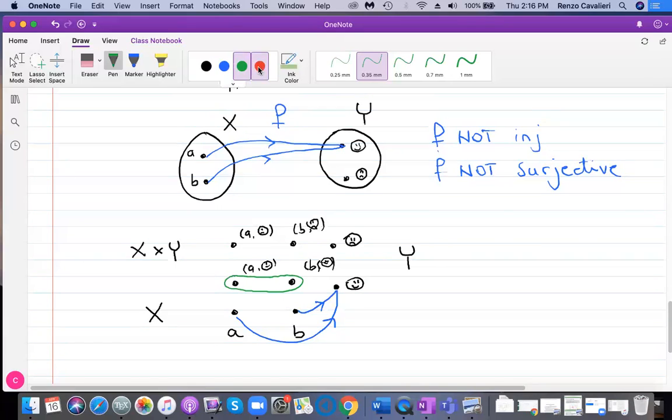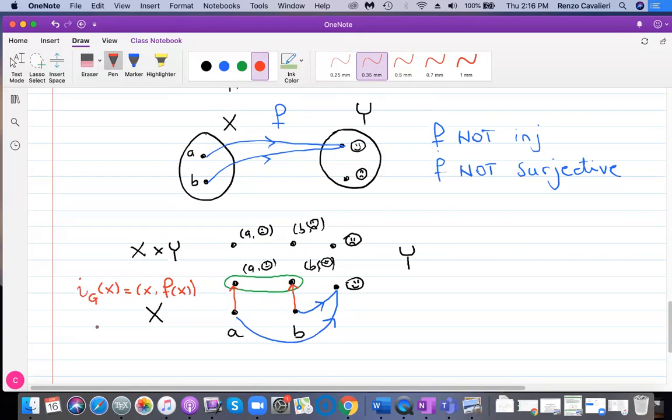But I have a natural function from x to the graph of f, which just sends every point x to the pair x comma f of x. Let me call this function IG, for inclusion into the graph.